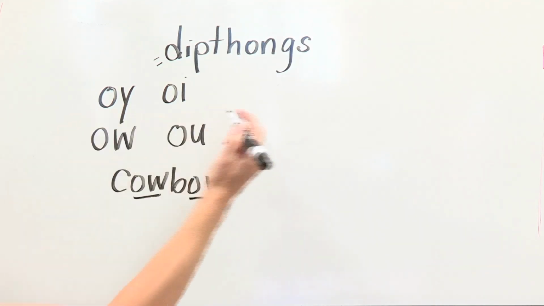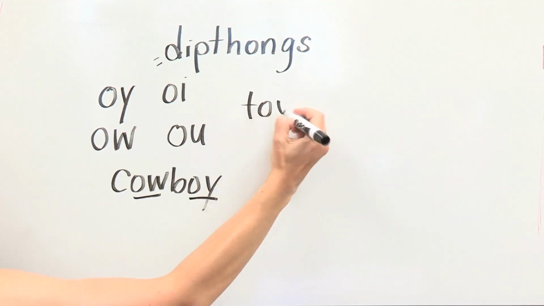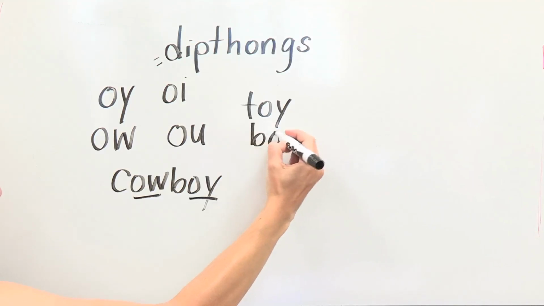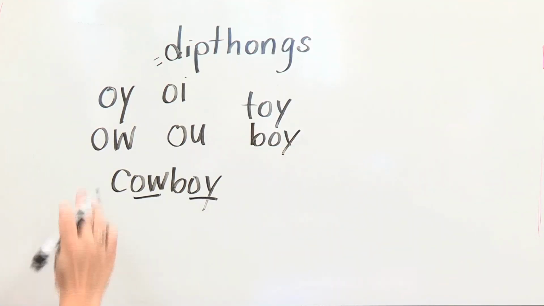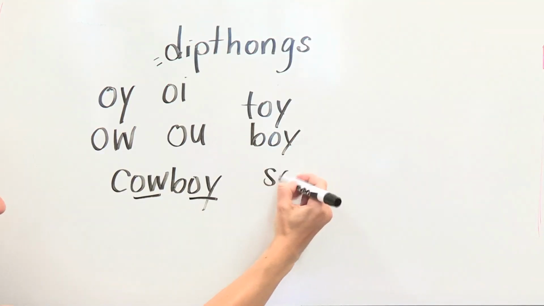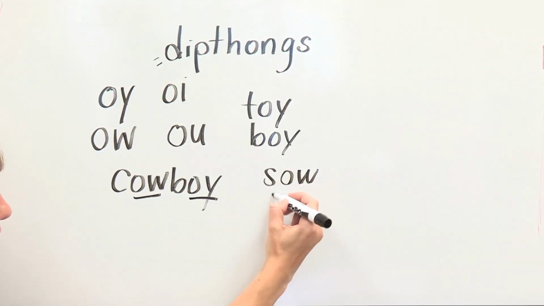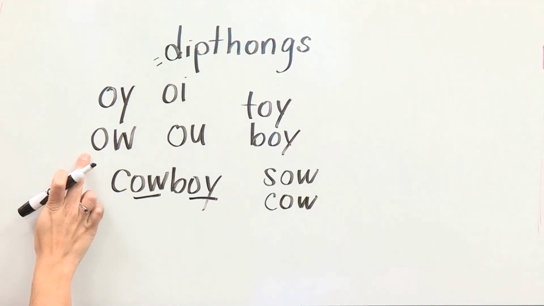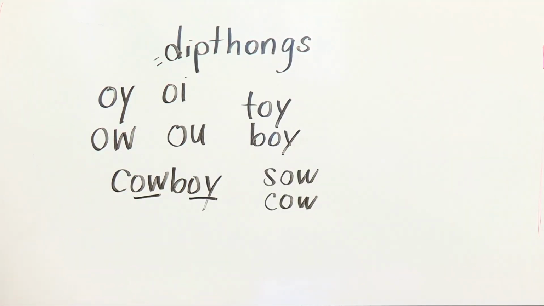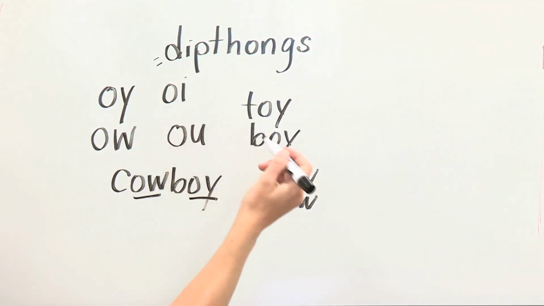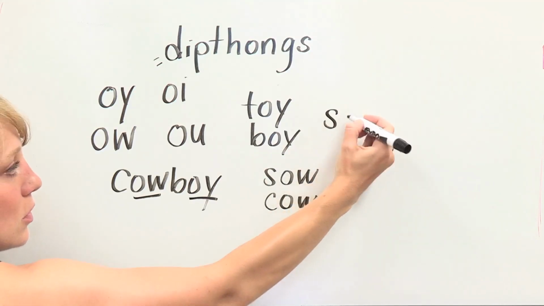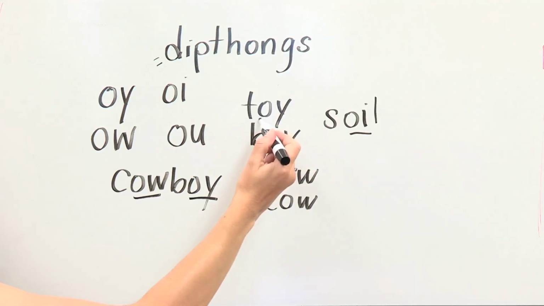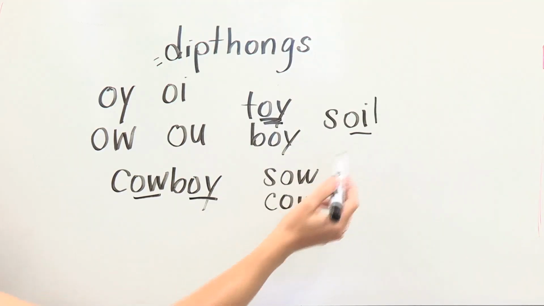So boy, toy, boy, we already know that one. With OW, we have sow, as in the pig, cow. So you have to be careful because that can also make long O. And then OI, soy, oil. So OI is typically at the end of a word, OI is typically in the middle.